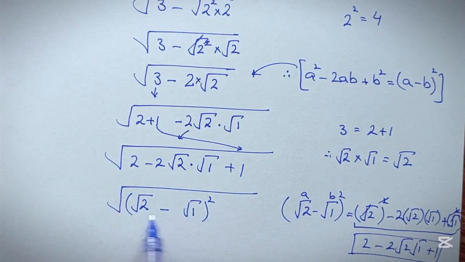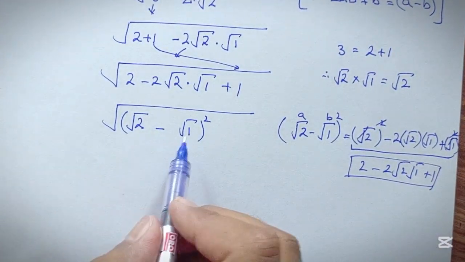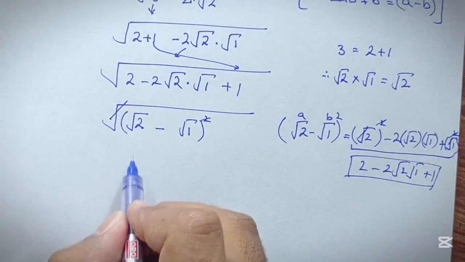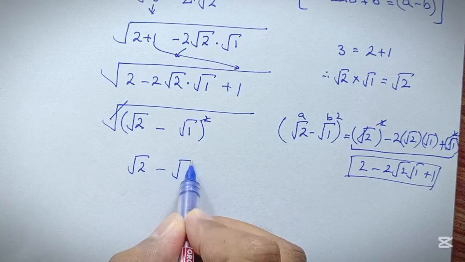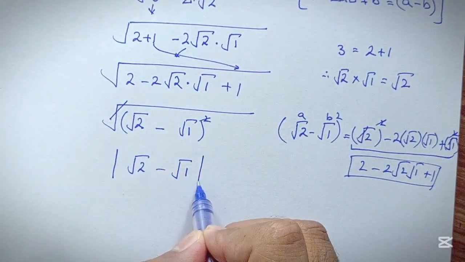Okay, return to our main solution. This whole square and this under root, cut them up, and we are left with under root of 2 minus under root of 1. Now also check their modulus, so that our answer becomes clearer.